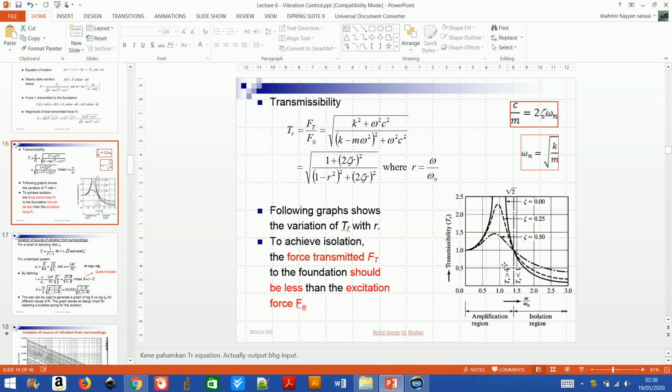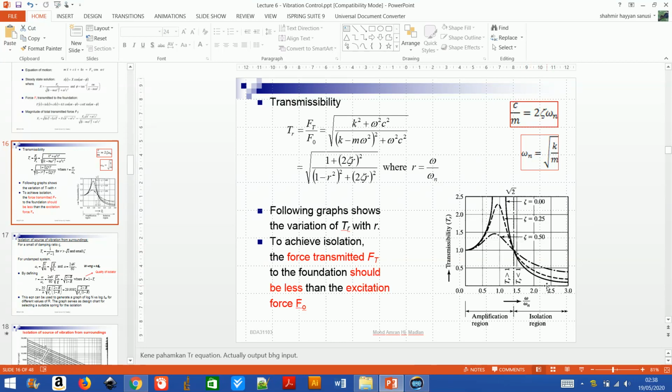If you can see here, this is the region whereby, just now we considered that R is 2.5. So in order for me to get the lowest transmissibility ratio, if you can see here, if the zeta is 0, we will get the lowest. If zeta is 0.25, we get here, and if zeta is 0.5, we will get around here.